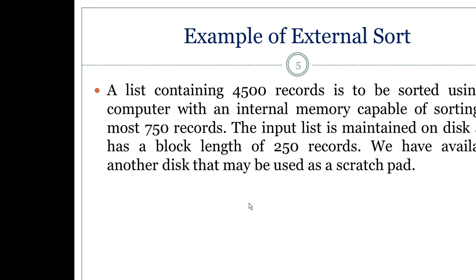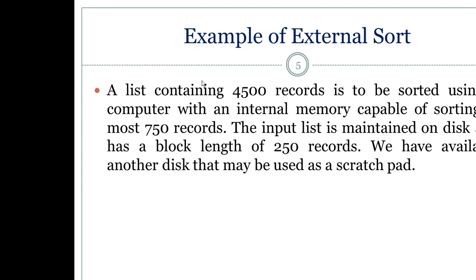Now consider one simple example of an external merge sort. A list containing 4500 records is to be sorted using a computer with an internal memory capable of sorting at most 750 records. It means there are a total of 4500 records to be sorted, and the main memory size, the internal memory size, can hold only 750 records at a time.